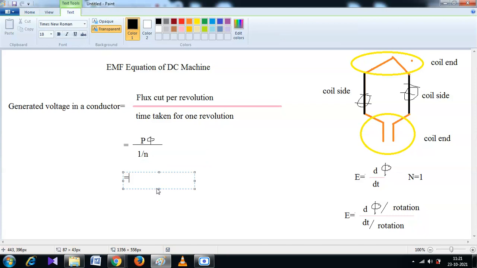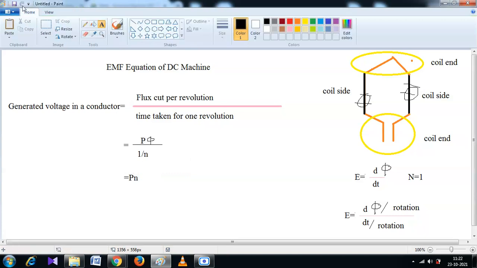And now tell me what is the equation now? P phi n. The equation is like that.